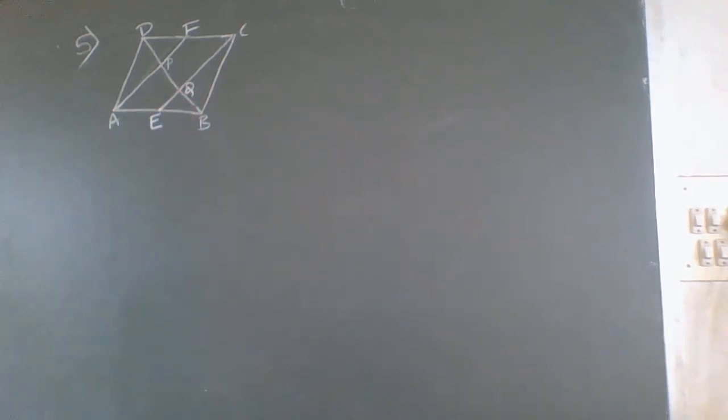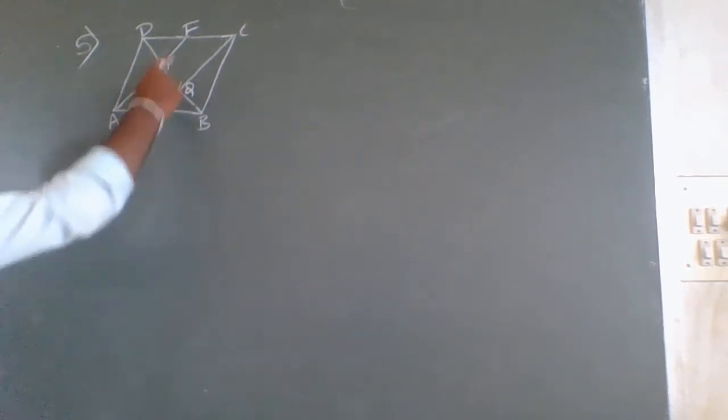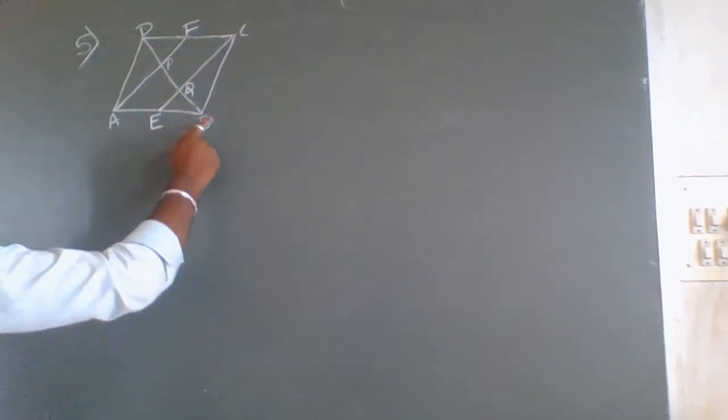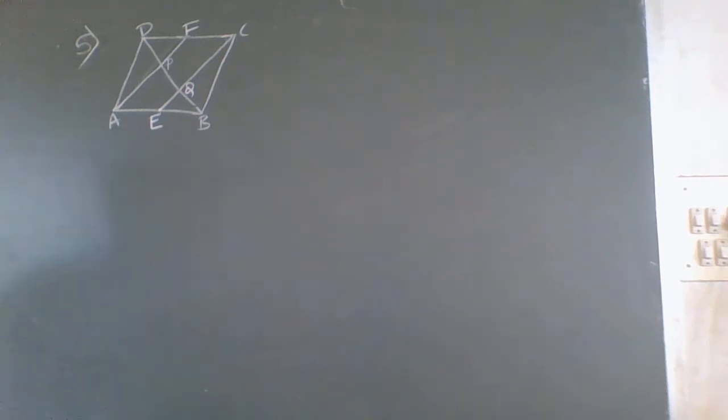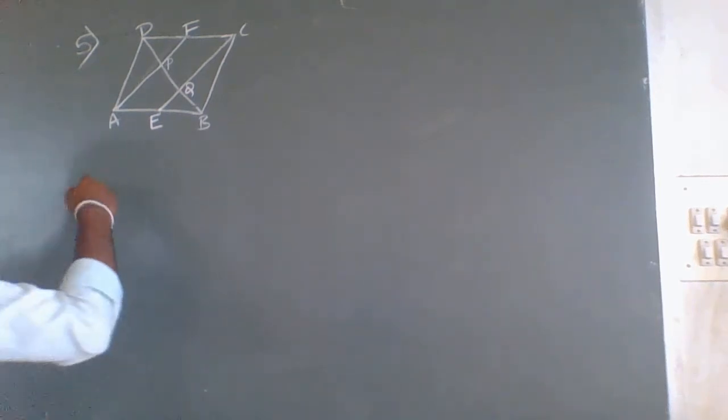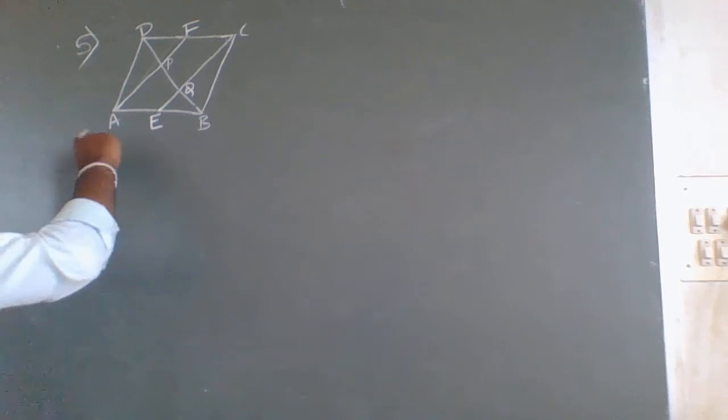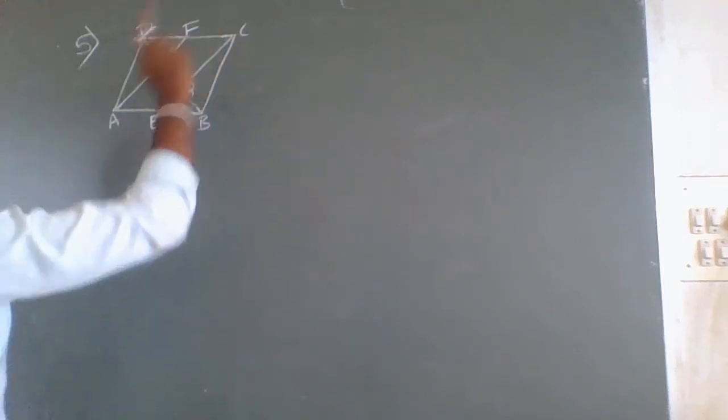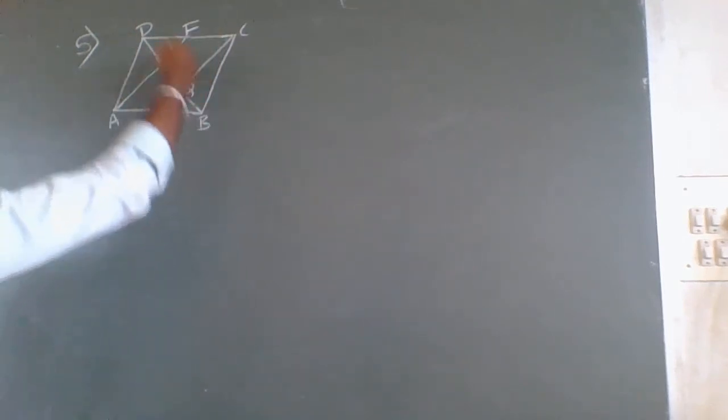ABCD is the parallelogram, F is the midpoint of CD, and E is the midpoint of AB. Here we have to show that the lines AF and EC trisect this diagonal BD.